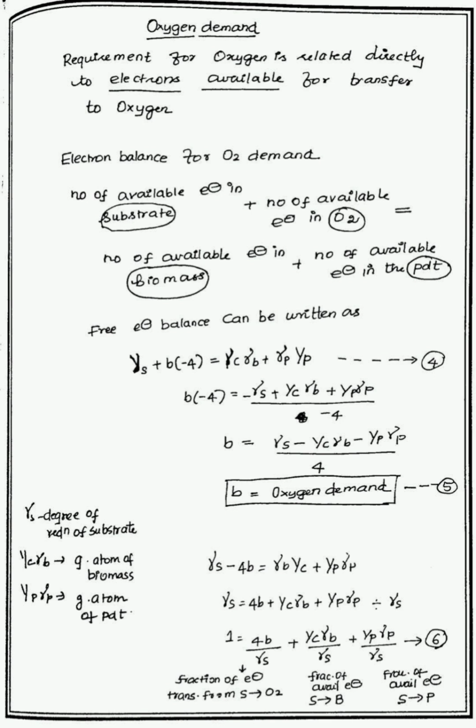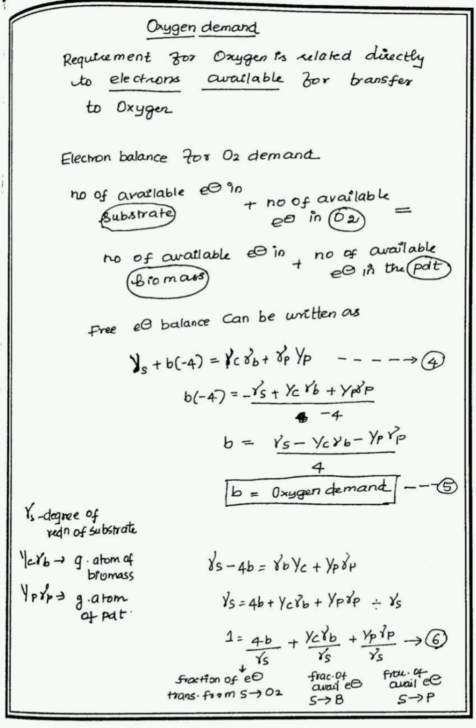So you are dividing the whole equation by gamma s, then you will get this sixth equation, that is the fraction of electrons transferred from substrate to oxygen, and gamma b yc by gamma s, which is the fraction of available electrons for the transformation to occur from substrate to biomass.